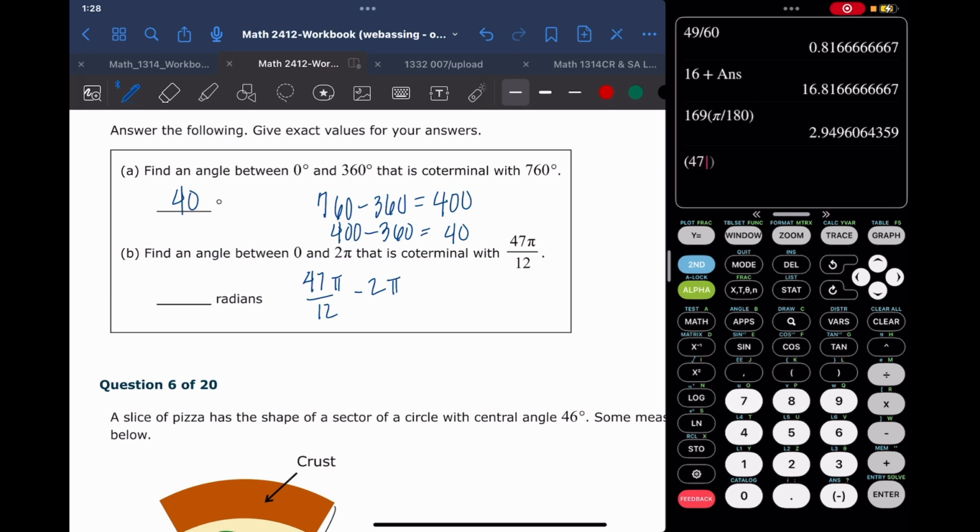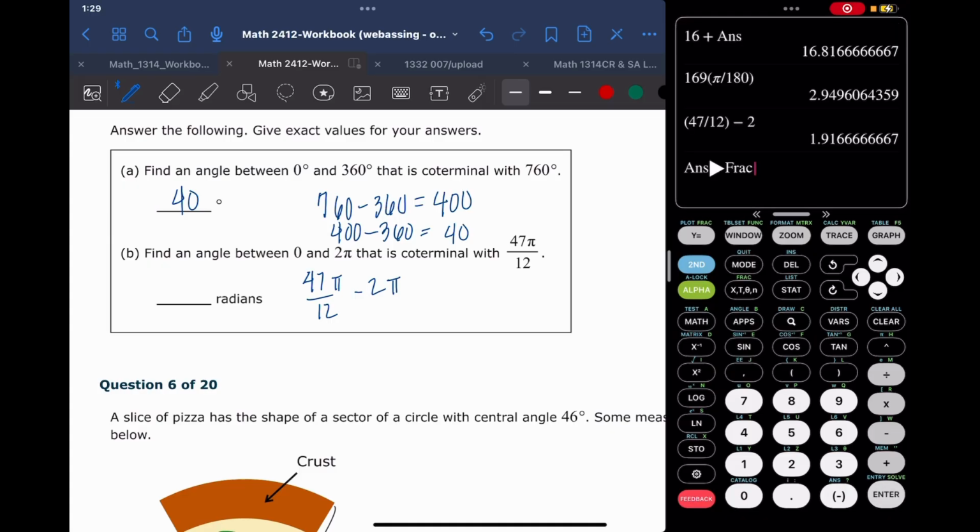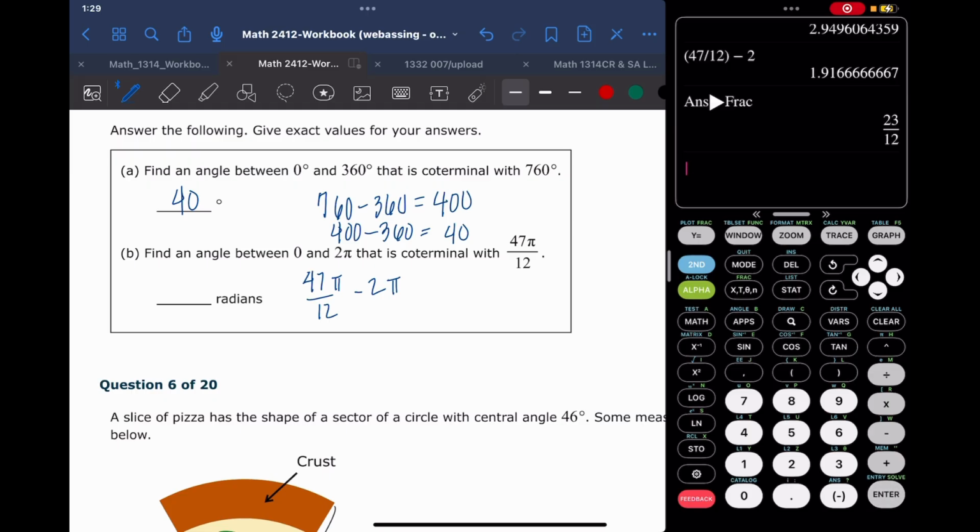It's 47 over 12 minus 2. So then you're going to try and get a fraction. And that's 23 over 12. So that's going to be 23 pi over 12. And this is between 0 and 2 pi.